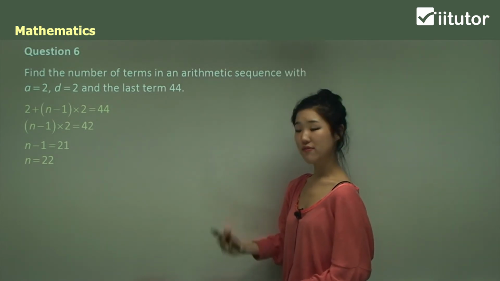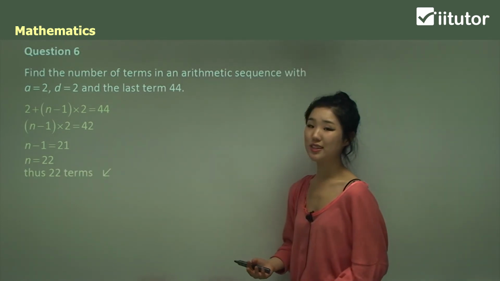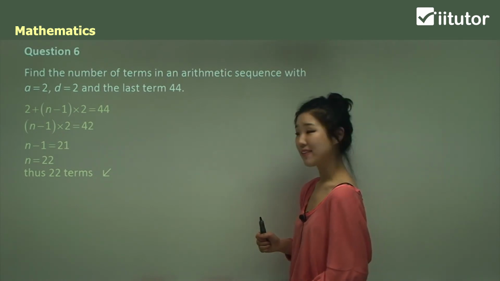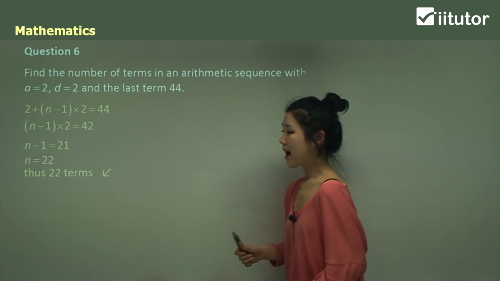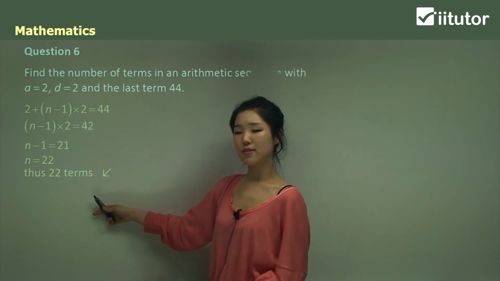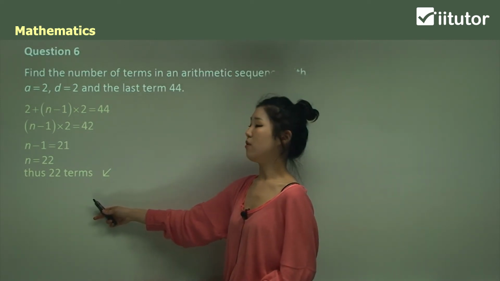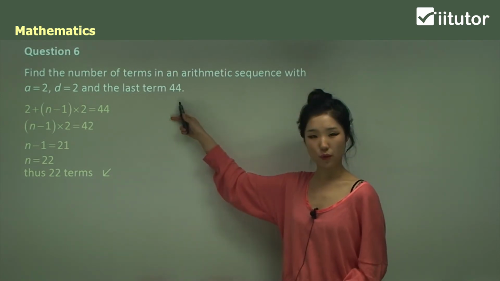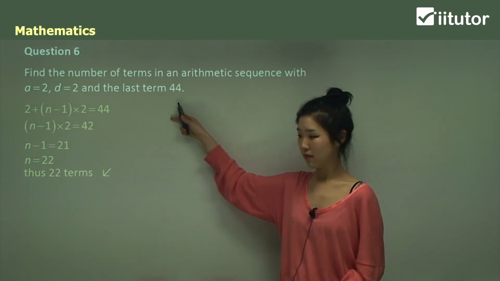So we found n. Therefore, there are 22 terms altogether in that arithmetic sequence. That's the answer. Therefore, the 22nd term is 44, because that's the last term.